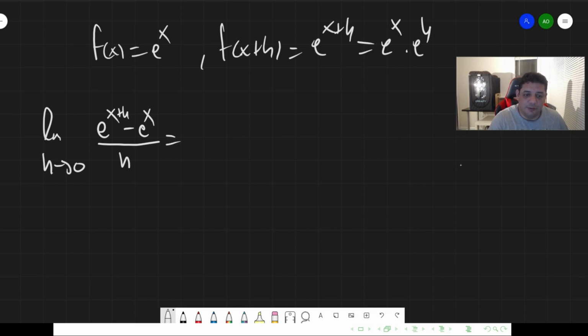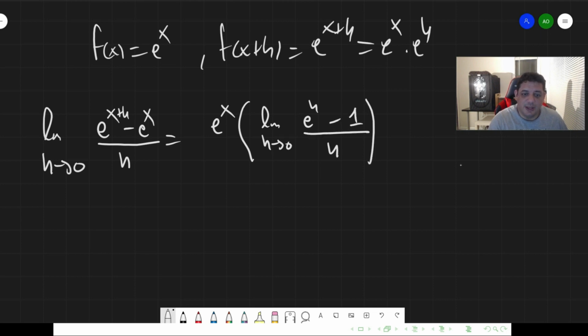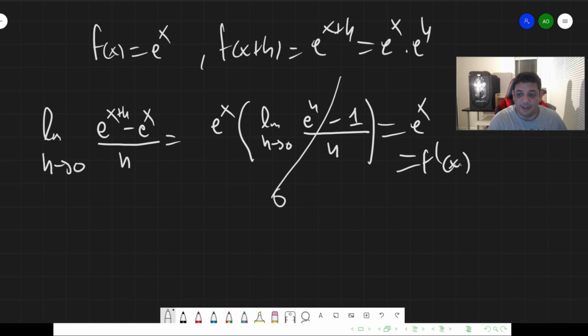Notice that you can really think of it as e to the x times the limit when h goes to 0 of e to the h minus 1 over h. And since this limit is 1, then the derivative in general is going to be this. Notice that this e to the x is not affected by the limit, and so that's why we can do this. Of course, this is knowing that this limit is 1, which is extra information that we're not going to prove here, but is good to know. We can come back to it later.